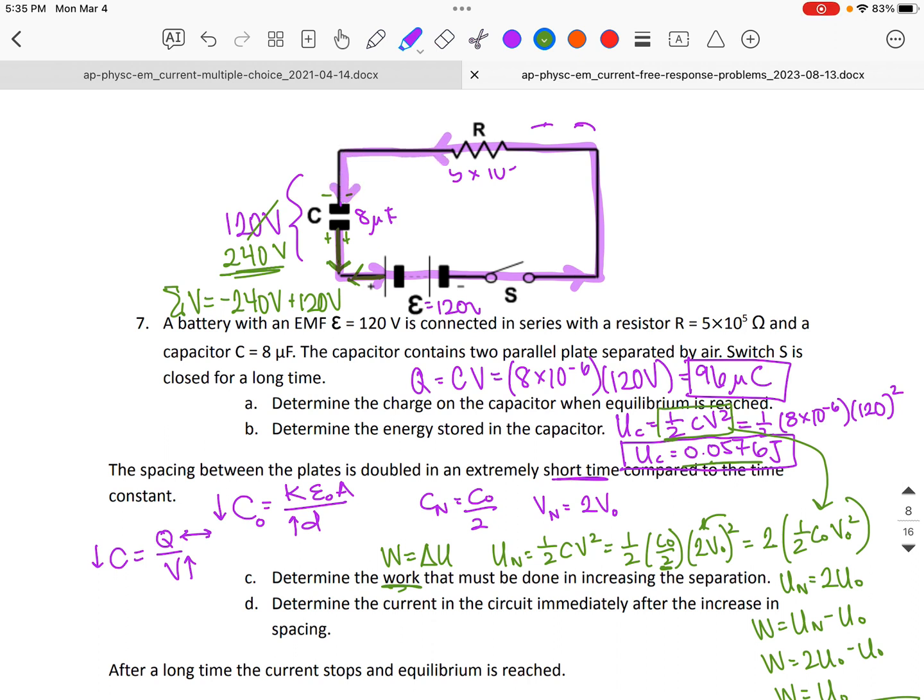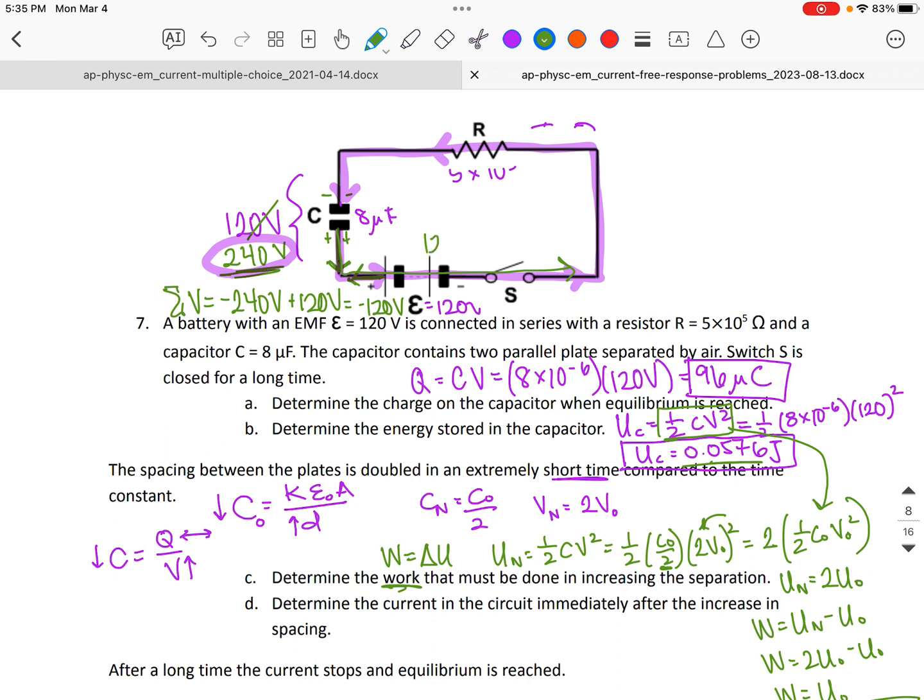The reason why is because I've got a much larger voltage on my capacitor, actually double the voltage of my battery, so it's going to overpower that current. What I end up having is a negative 120 volts going to the, what direction is that?